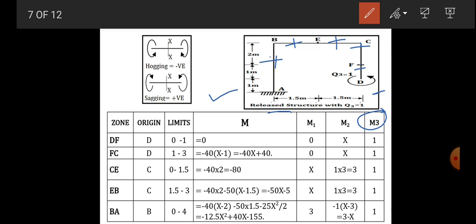So the value remains 1, because that is a moment, there is no lever arm, so the moment remains the same wherever we take the section. Now this moment we assume anticlockwise, so the sign will be plus. So plus 1 will be the answer for each zone for the M3 column. We took it as 1 because of the moment; that effect remains the same.